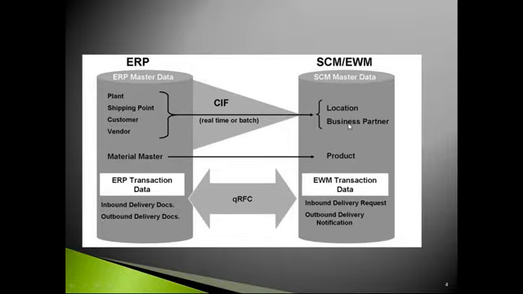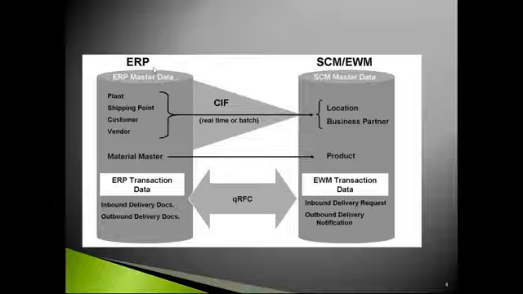We can create them as business partners, and sometimes as locations also. Plant and shipping points are locations. We can discuss this elaborately during the transactions. And material master is created as a product within the EWM system.